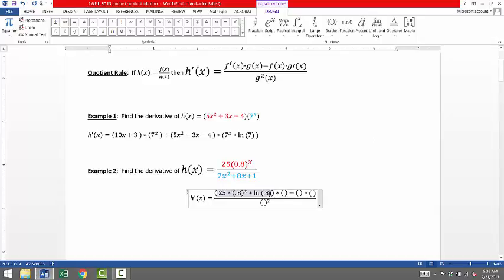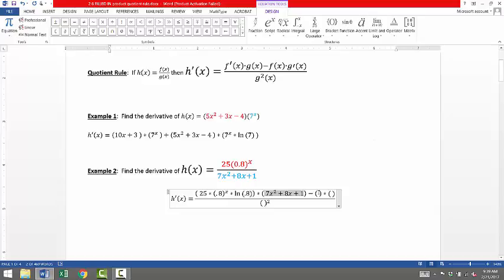There is the derivative of the numerator. Now I have to multiply that times the original function in the denominator, 7x squared plus 8x plus 1. So there's f prime times g.